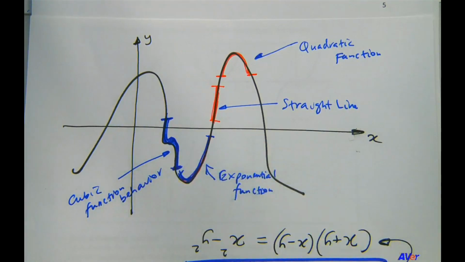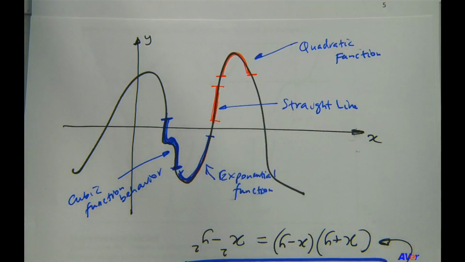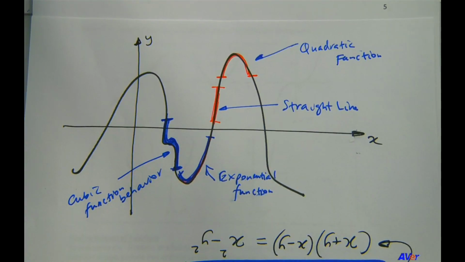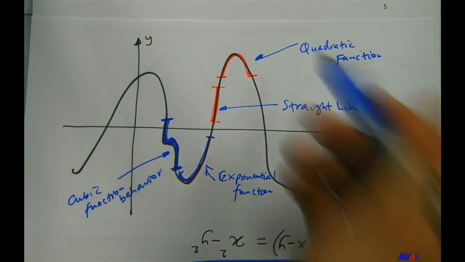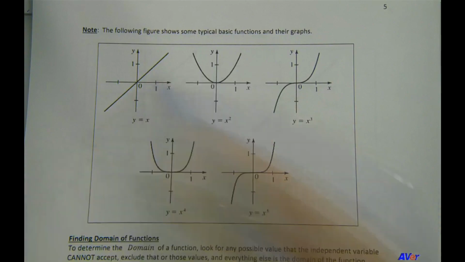That's why we focus so much on these functions, because you can break up data into patterns that exhibit these kinds of functions: straight line function, cubic function, exponential function, quadratic function. Okay, that's why.